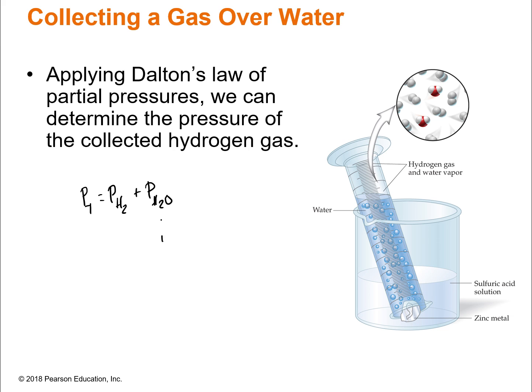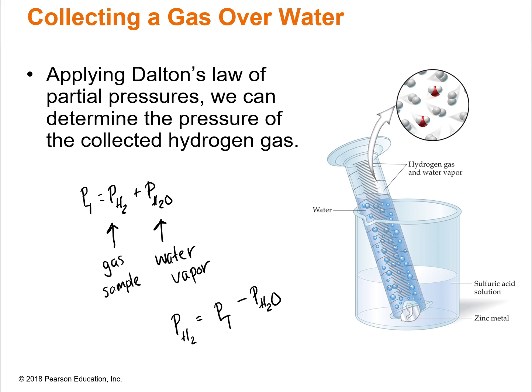We've got the water vapor, which is the pressure from the H2O. And this is our gas sample that we care about, that we collected. We can rearrange here, and we can solve for the partial pressure of the hydrogen gas.